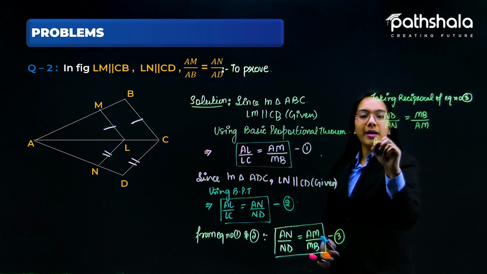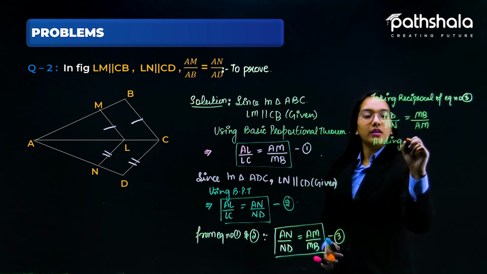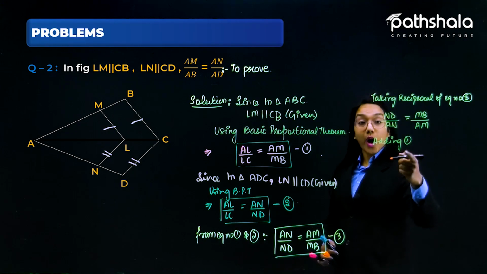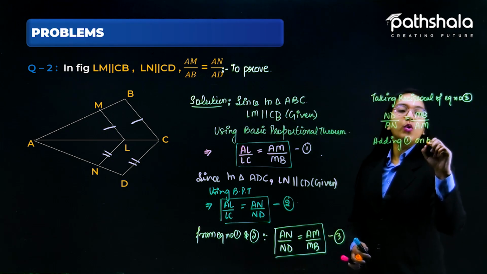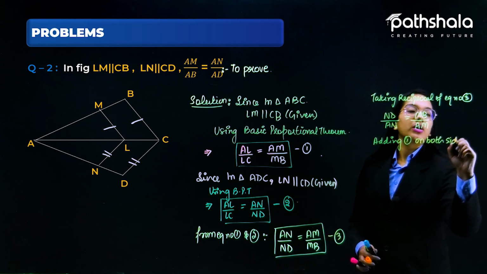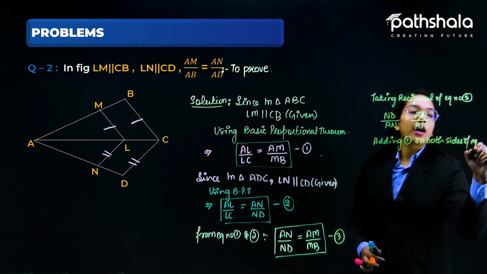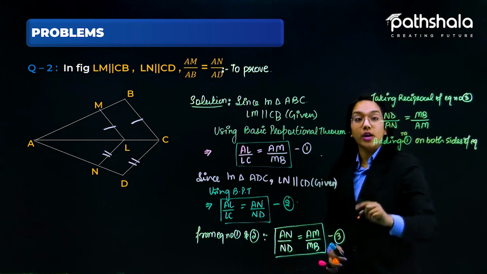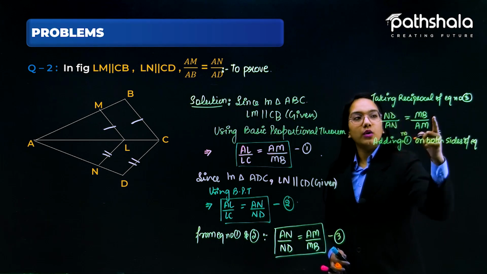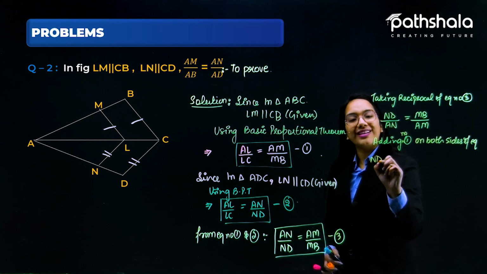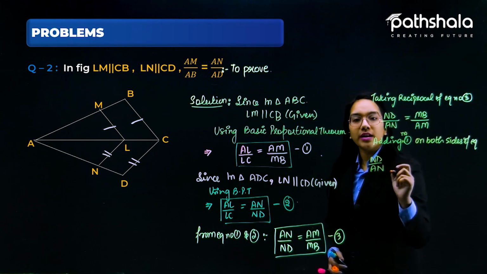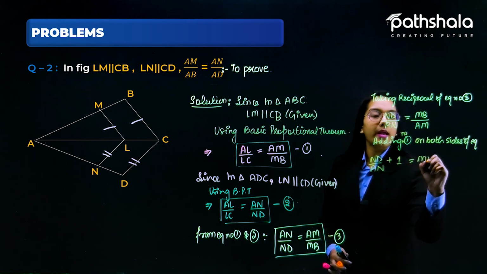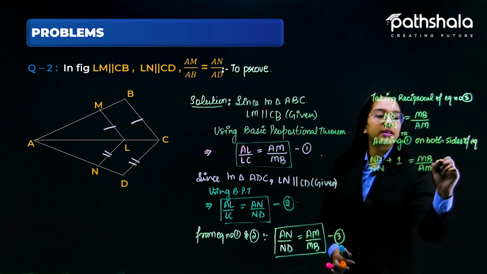And now I am adding 1 on both sides of the equation. This is the number 1, not the equation. So this would be ND by AN plus 1, which is equal to MB by AM plus 1.